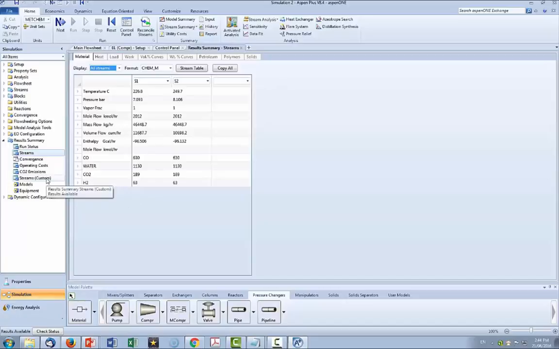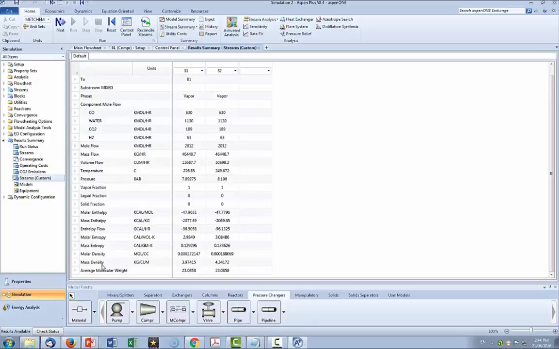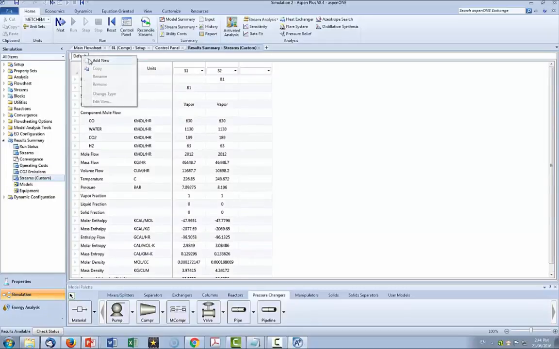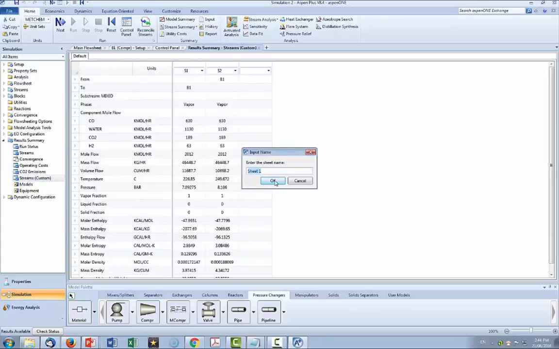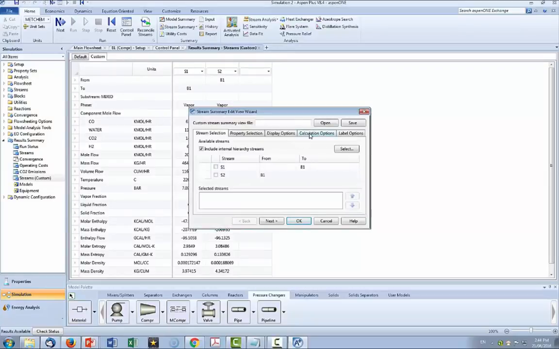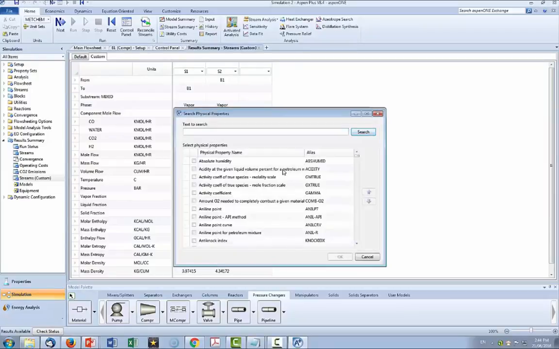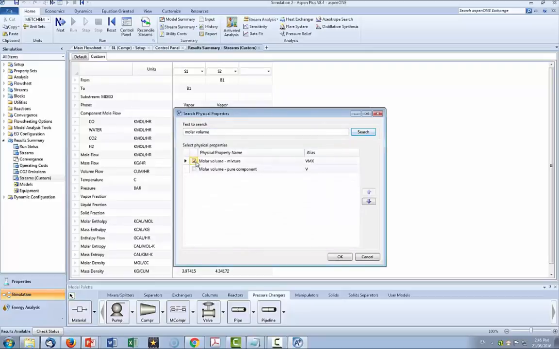So we click on streams customs, and then search whether this one has the parameter that we want, the molar volume. It doesn't, so we need to add a new customized stream, and we can name it, let's say, custom. Once we have created a new custom stream, we can edit the view and click on display options, or property selection rather, and search for molar volume. In the text search feature here, enter molar volume, search for it, and click it to add to the mixture.